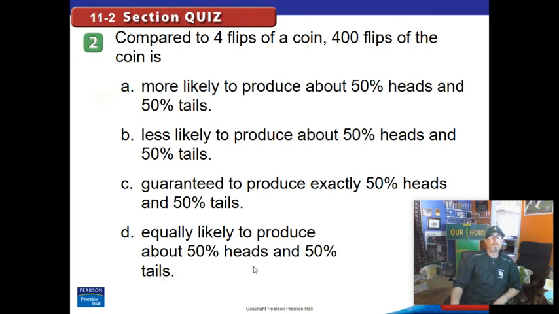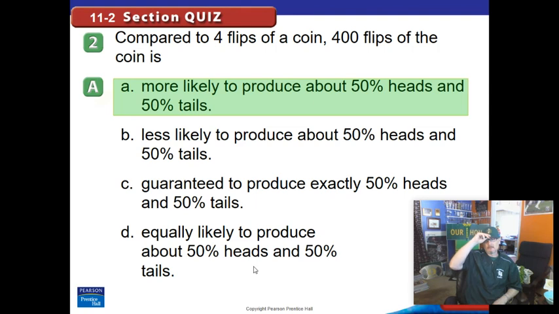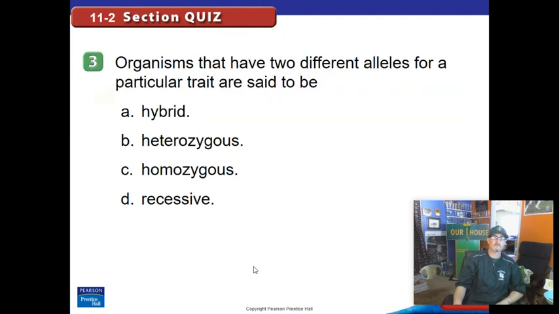Yeah, of course, it's more likely to produce 50-50. It's never a guarantee. It's chance. You never know if you're going to end up with 200 heads, 200 tails in this case. But you're more likely to get that if you increase the number of coin tosses.